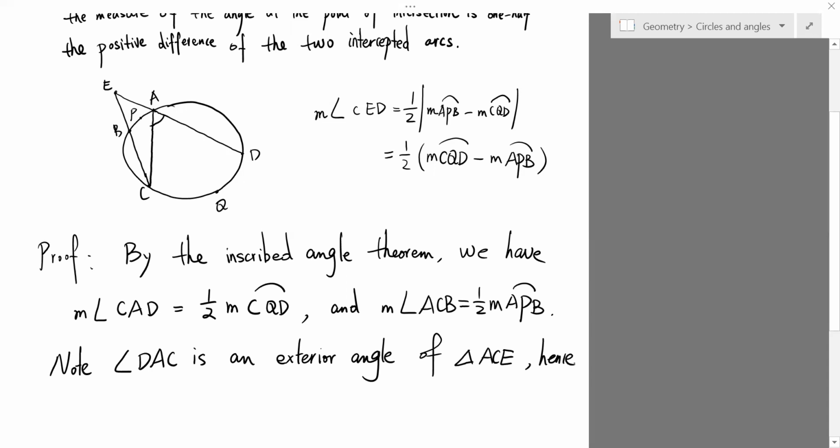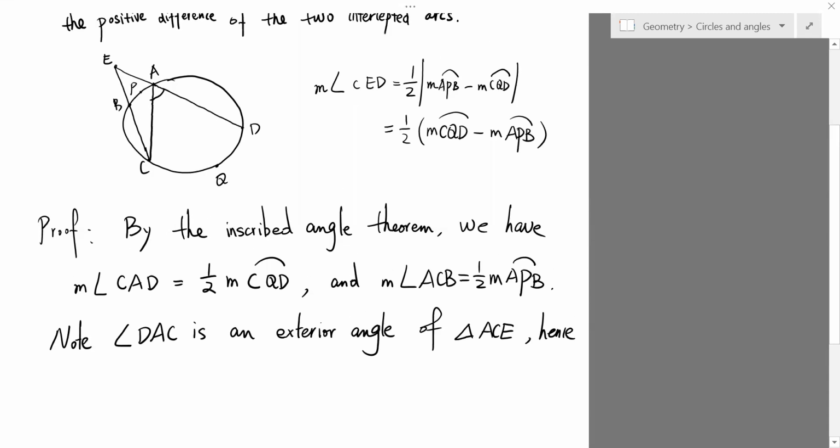leads to the following consequence, that the measure of the angle DAC is equal to the sum of the measure of the angle ACE and the measure of the angle AEC.